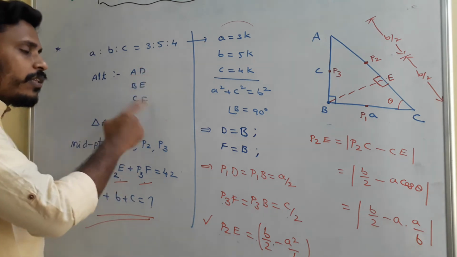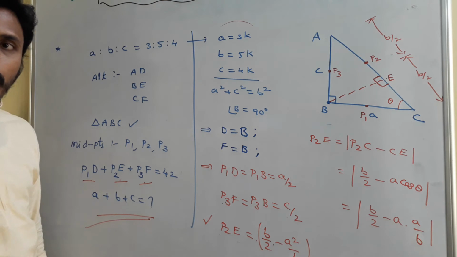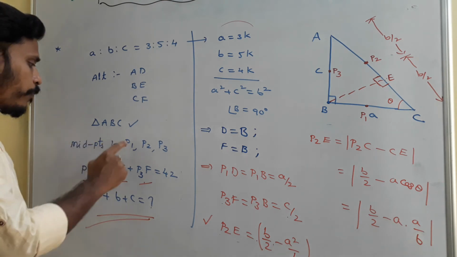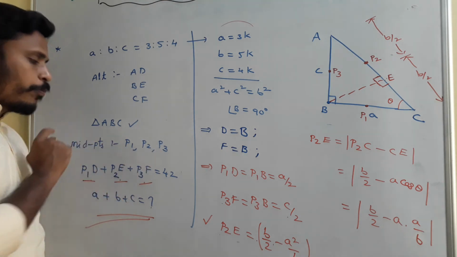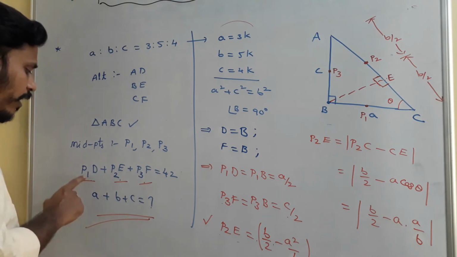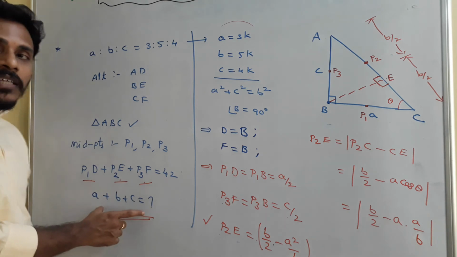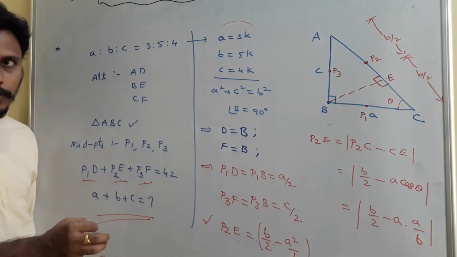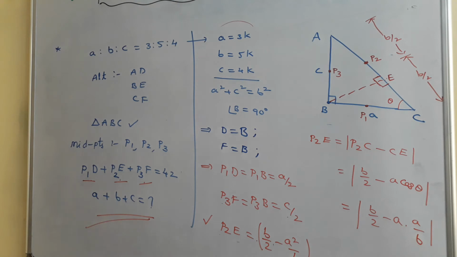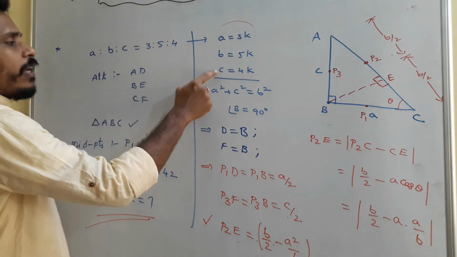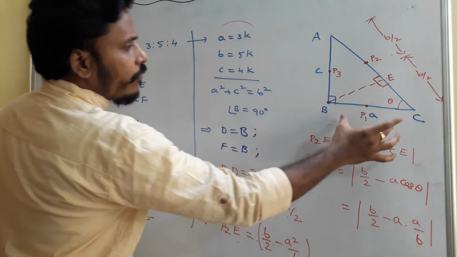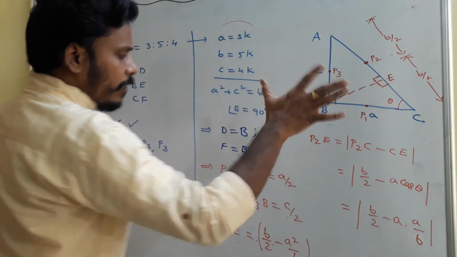The question is mentioning these three as altitudes, and the question is mentioning P1, P2, P3 as midpoints, and also they are giving that P1D plus P2E plus P3F is equal to 42, and they ask us to find A plus B plus C. For that we are solving the problem. Okay, analyze it first. So the problem is about a right angle triangle, and then A is equal to 3K, B is 5K, C is 4K. So if it is A, this is C, this is B, A, B, C, right?